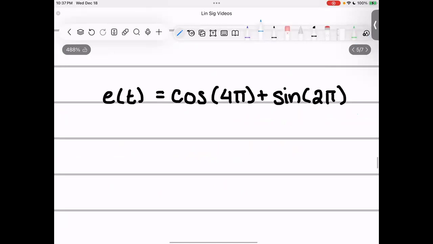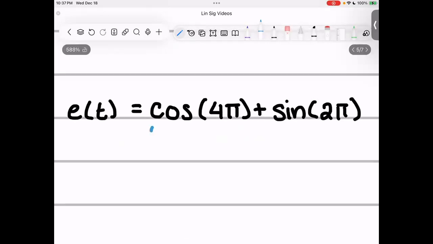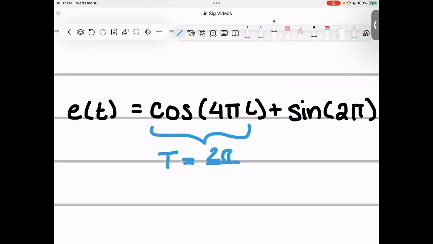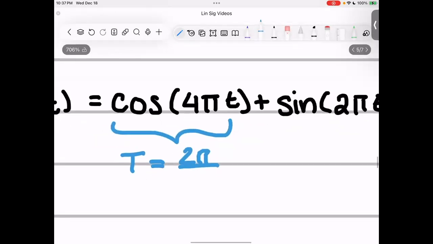In this one, we have two sines put together to make up our signal. What we're going to do for this is get the individual periods and then calculate the least common multiple of those two periods. So we can get the period for this, 2 pi over b, and these are also supposed to have t's there. Sorry about that oversight. 2 pi over 4 pi becomes 1/2.